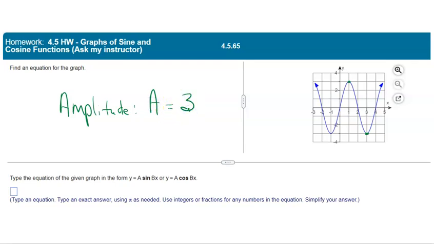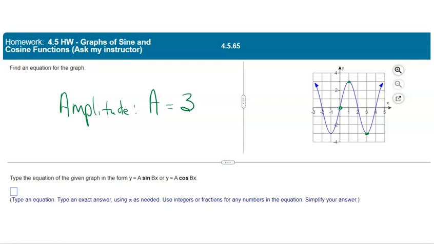My amplitude is actually the absolute value of 3, but notice the graph starts at the origin, right there, on the axis. That tells me this is a sine graph, the easiest way to write it.